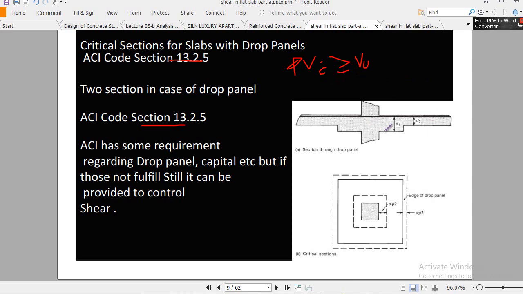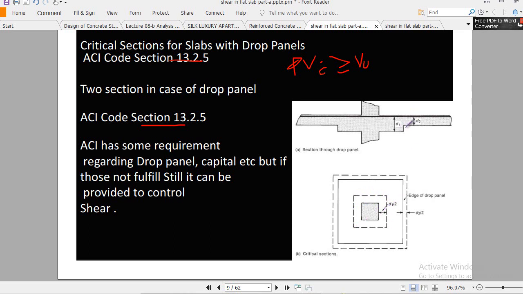So in case of a drop panel, the ACI code section says that you have to check two critical sections. One is the inner critical section, you see here, at a distance of d/2 from the faces of the column.